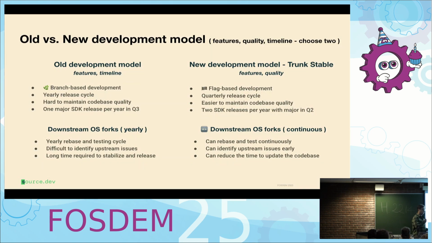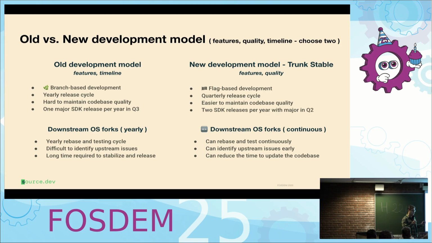Actually, we've heard this a lot. I won't go into details, but you can imagine it's finding a needle in a haystack. And by comparison, the new development model in theory makes it easier to rebase and test continuously, easier to identify upstream issues, easier to bisect, and that would hopefully reduce the time to update the code base.